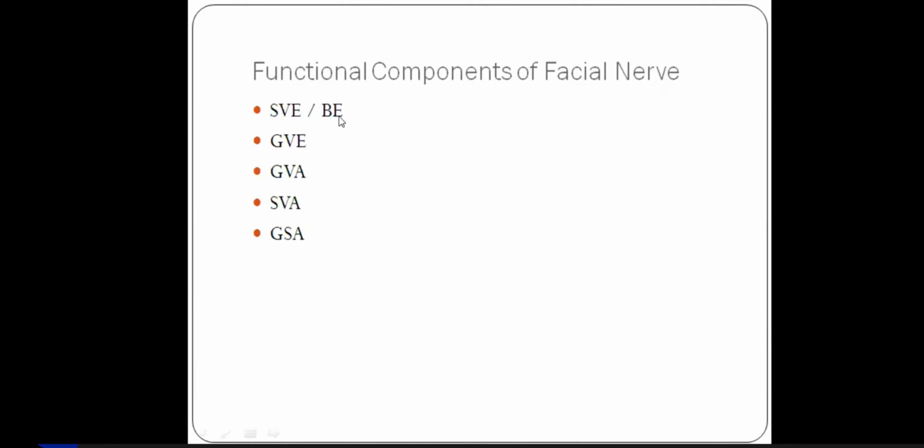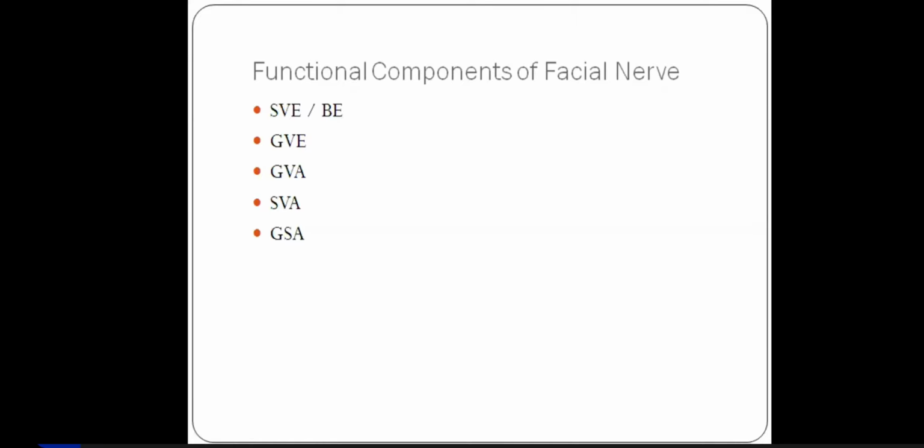I told you it's efferent for the muscles derived from the second branchial arch, and these muscles are basically the muscles of facial expression plus 2 muscles which help in elevating the hyoid bone.